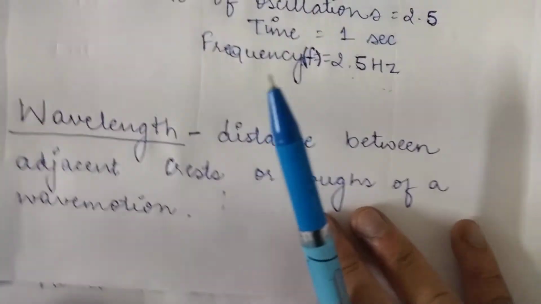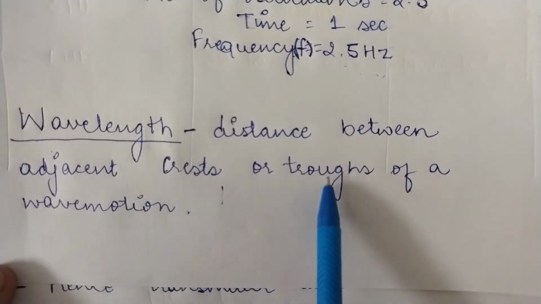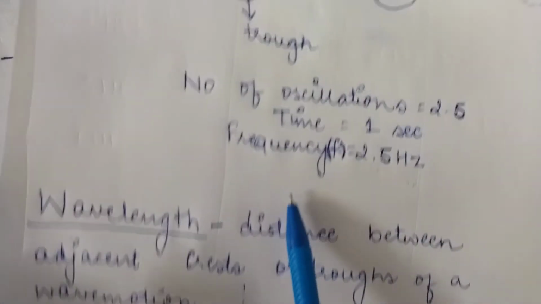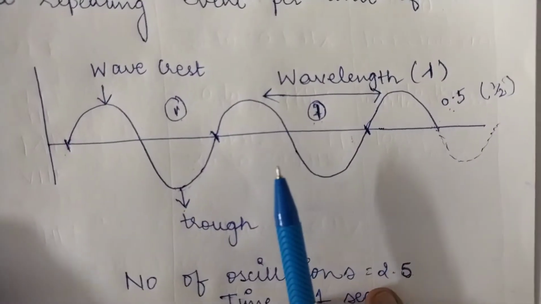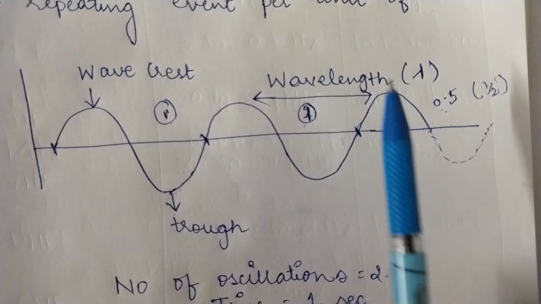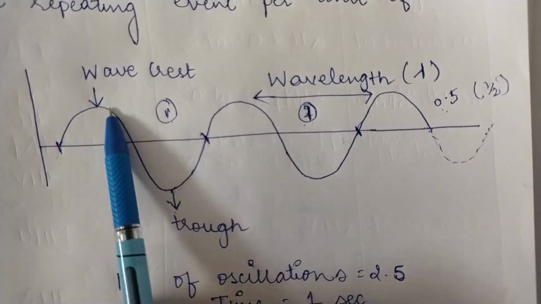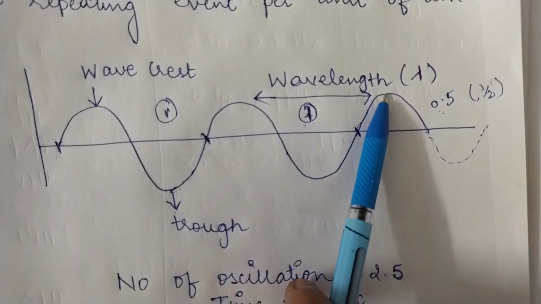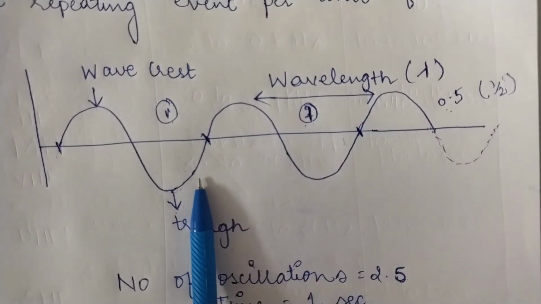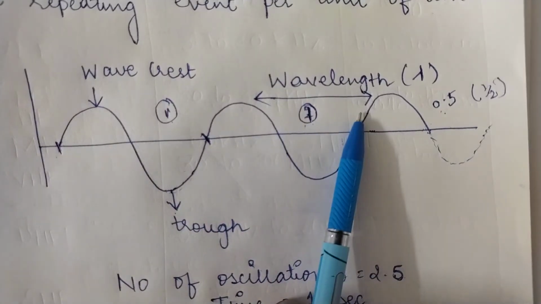In this wave motion, wavelength is the distance between any two adjacent crests. Like from here to here is the wavelength, from here to here is the wavelength, or any two adjacent troughs. Like from here to here is your wavelength. So this is what you call a wavelength.